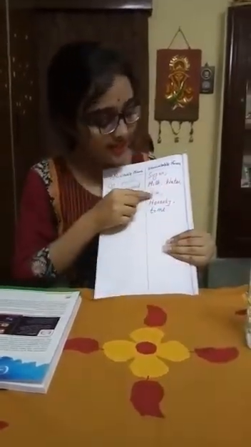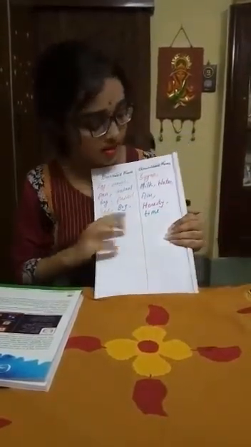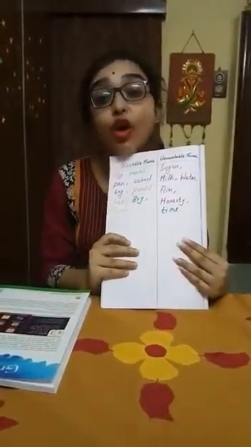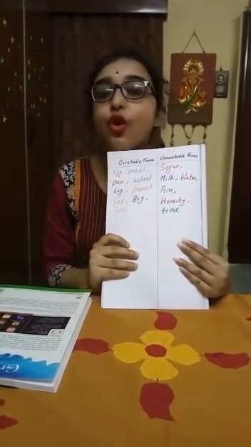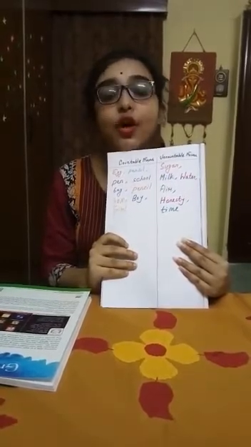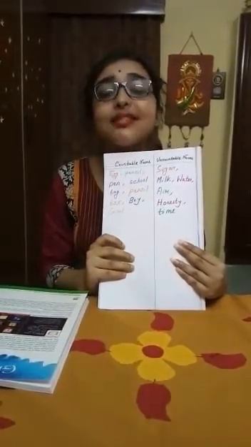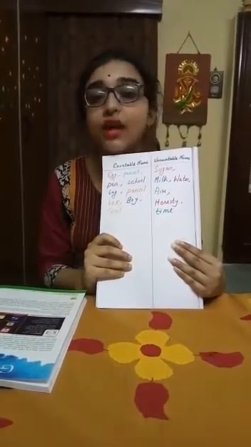Now, next, air. Air you cannot count, students. Honesty. Honesty belongs to the category of abstract nouns. So honesty also you cannot count, students. It's a feeling, it's inside you. How honest you are, you cannot count honesty.